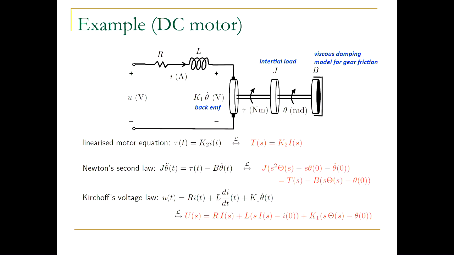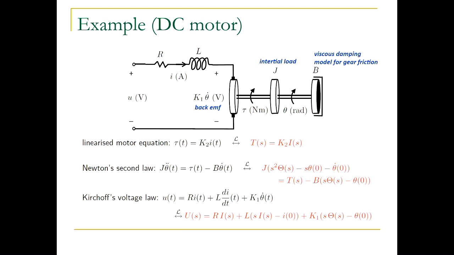So if you look at all the linearized equations, the linear motor equation is that the torque is proportional to the current through the coils, right? Newton's second law of motion is, well, the inertia times the angular acceleration is equal to the sum of all torques.